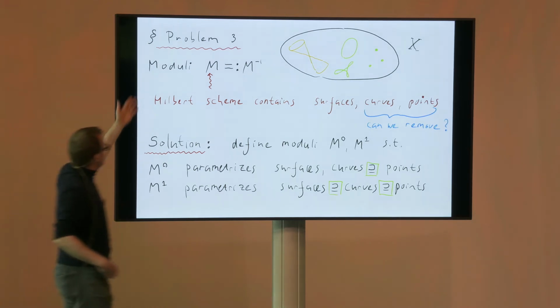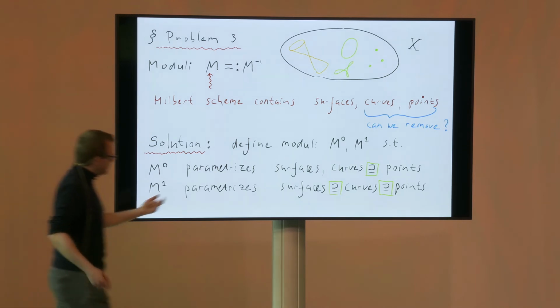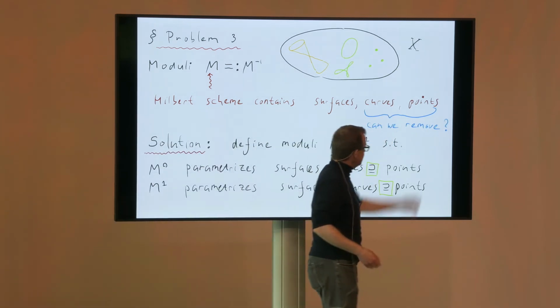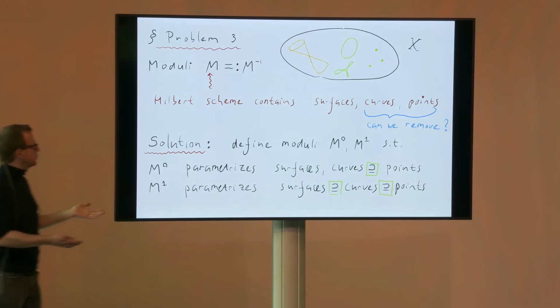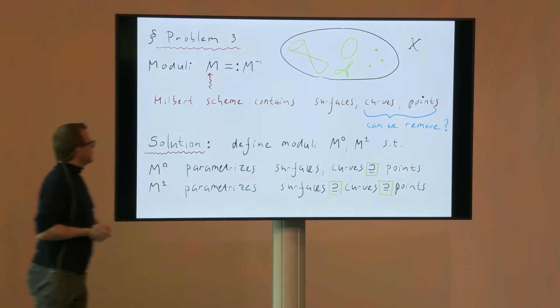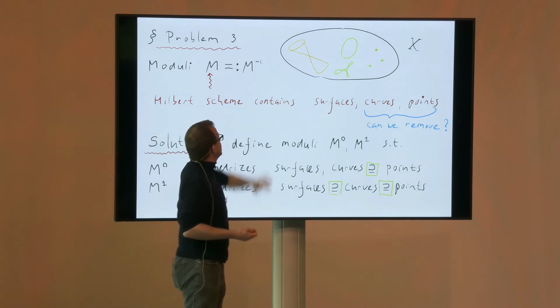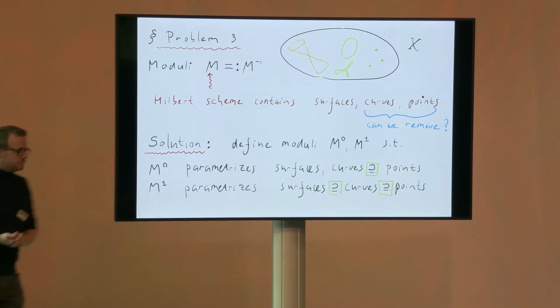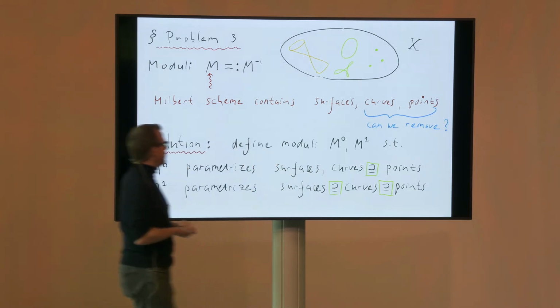Maybe if you already like the Hilbert scheme, this problem 3 is not a problem, but you may want to remove the curve and point contribution, or at the very least, you may not want these curves and points to move freely. So let's henceforth call the Hilbert scheme M-1, and we introduce 2 more moduli spaces, M0 and M1.